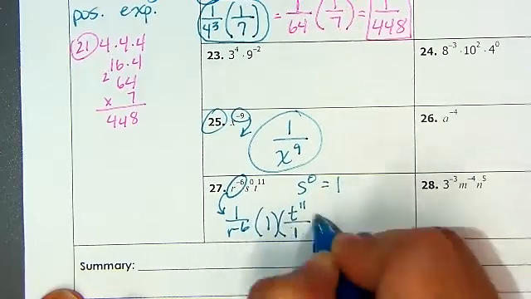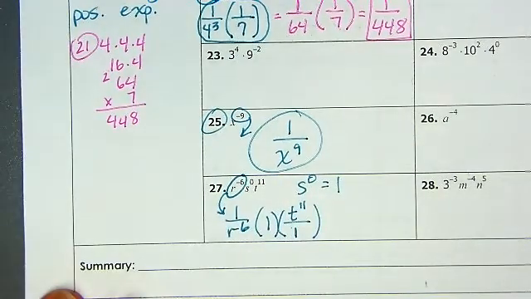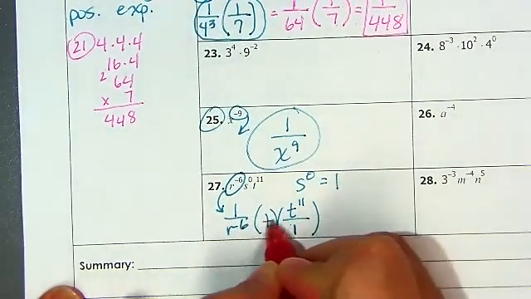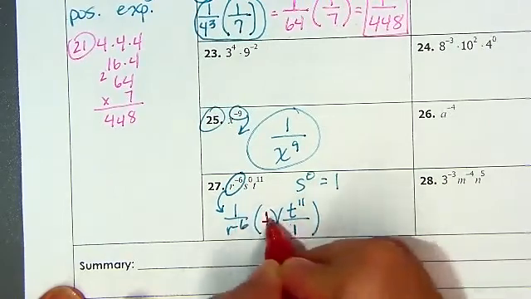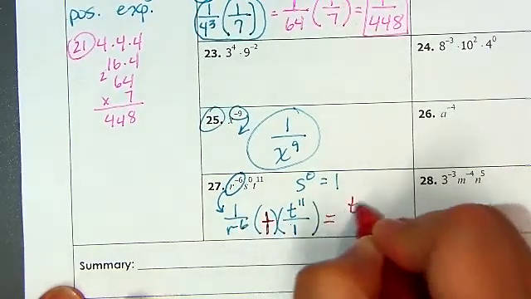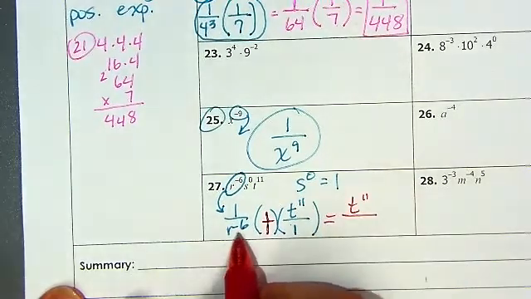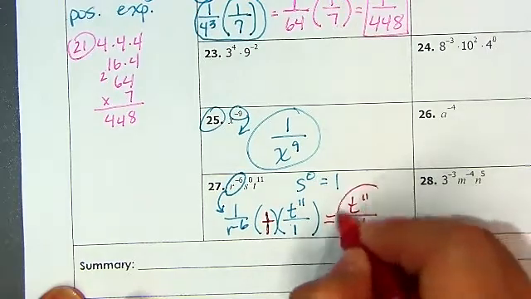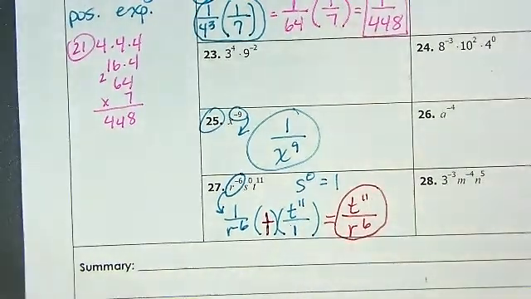To make that a fraction, I can put it over 1. And now I work it. So I have 1 times t to the 11th. So that's going to give me t to the 11th over r to the 6th times 1, so that gives me r to the 6th in the bottom. There is my final answer.